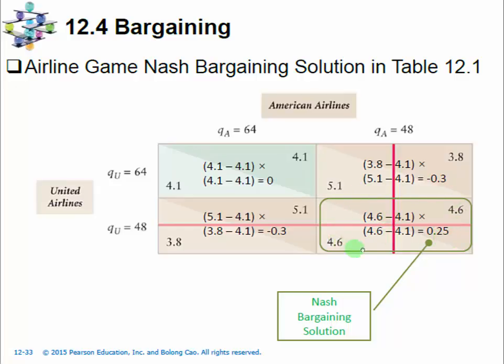Then what we have here is a positive Nash product. It is the Nash bargaining solution because it provides the highest Nash product in all 4 cells. Again, the Nash bargaining solution for a Nash bargaining game is to try to find the outcome that can maximize the Nash product.